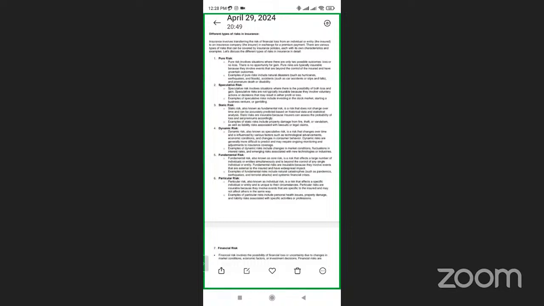So, while going through all the kinds of risk, we found that it is the pure risk, static risk, particular risk, and financial risk which are supposed to be insured.